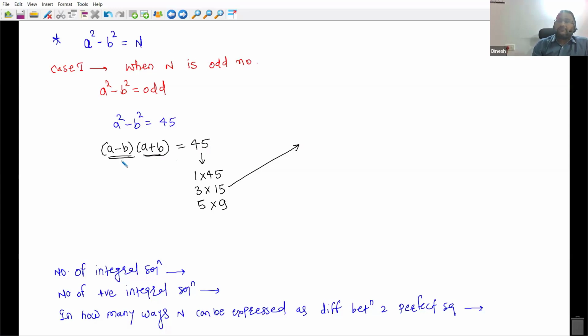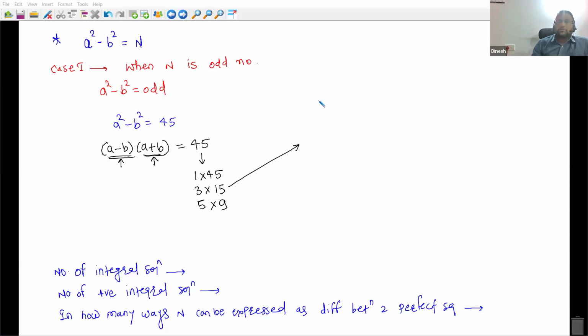Is it possible that the value of any one of these brackets is even? No, it is not possible, because even into any number is even. The product is odd. It means all the numbers that you are multiplying are supposed to be odd.